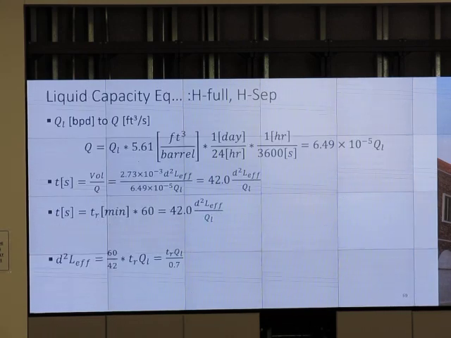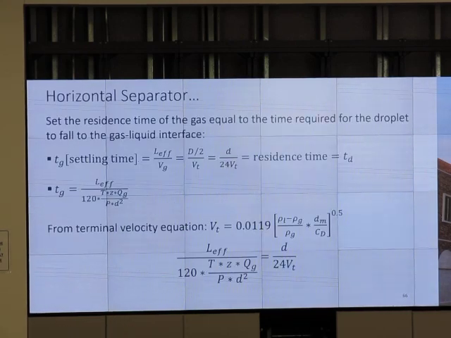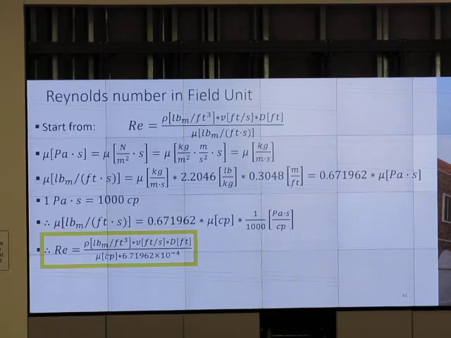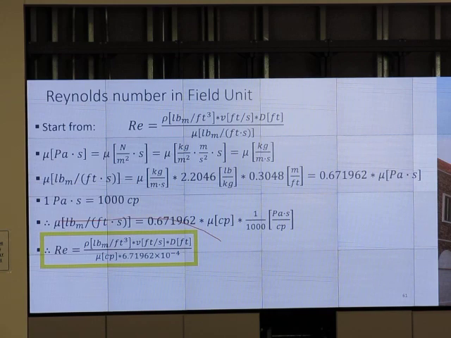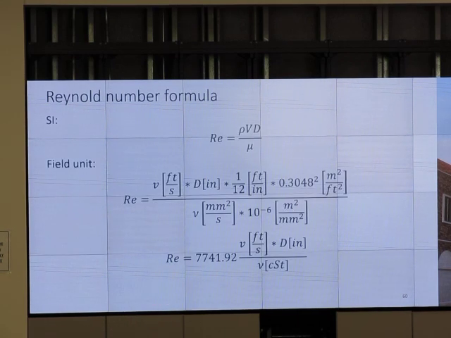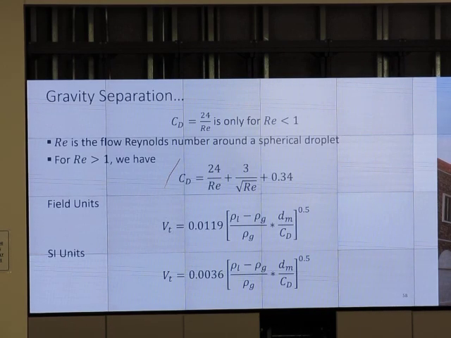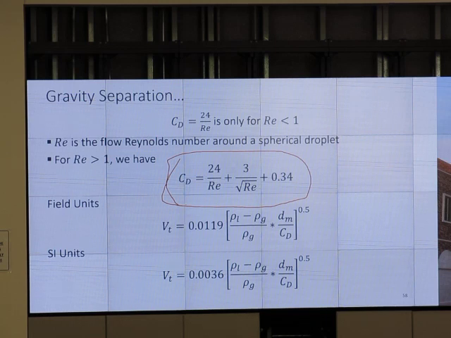And the last one is the Reynolds number equation, this one, and the friction factor or drag coefficient equation. So we need the drag coefficient, Reynolds number, and horizontal separator sizing equation. Yes.